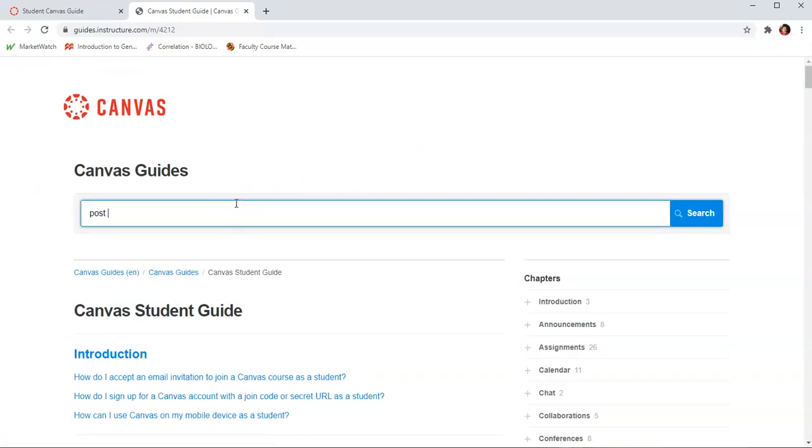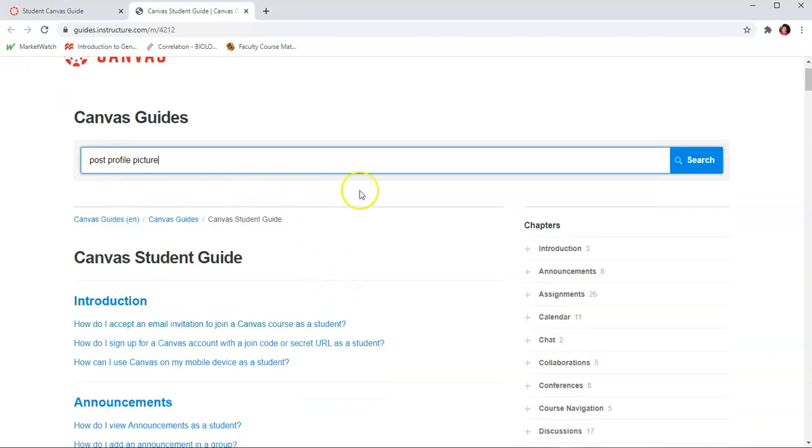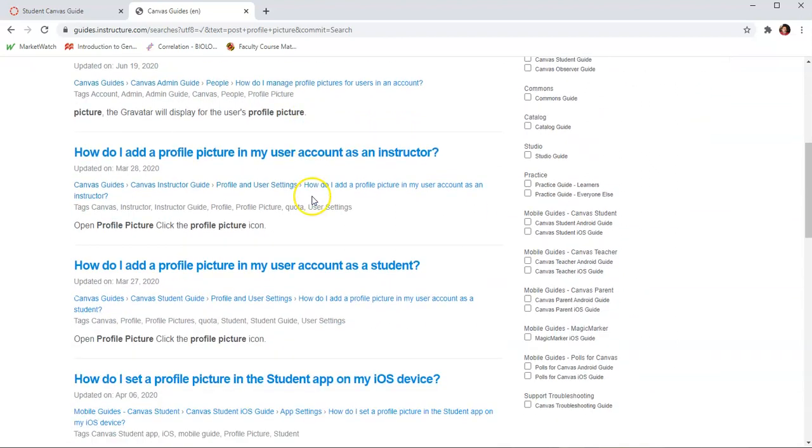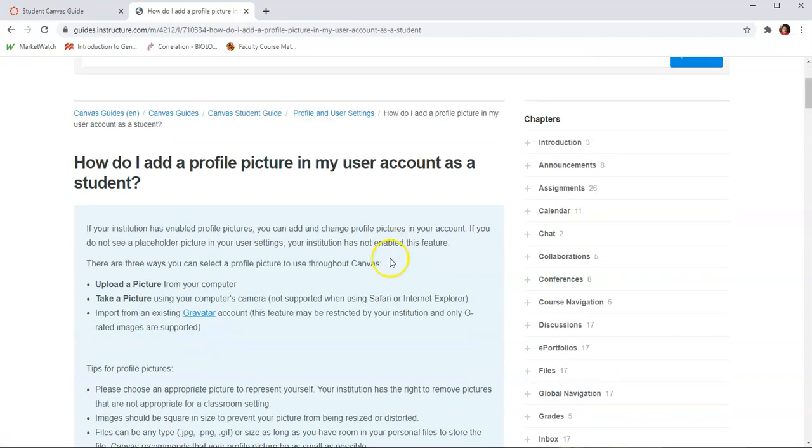If you wanted to look up how to do something in Canvas, you can just search through the Canvas guide. This is how you can add a profile picture as an instructor, and this is how you can add a profile picture as a student.